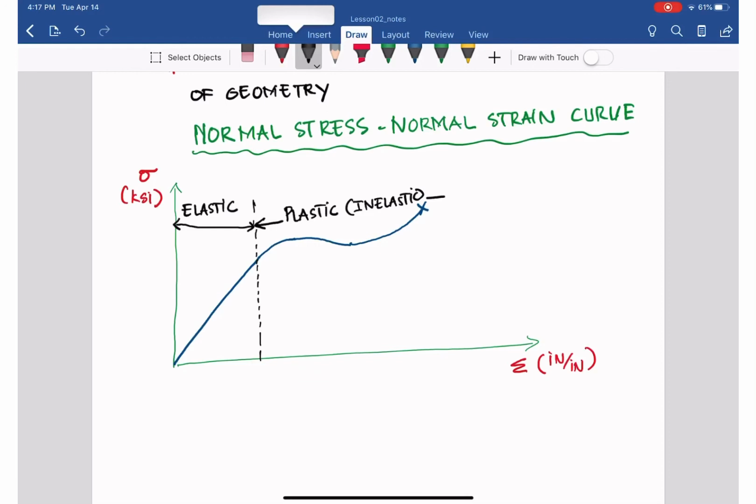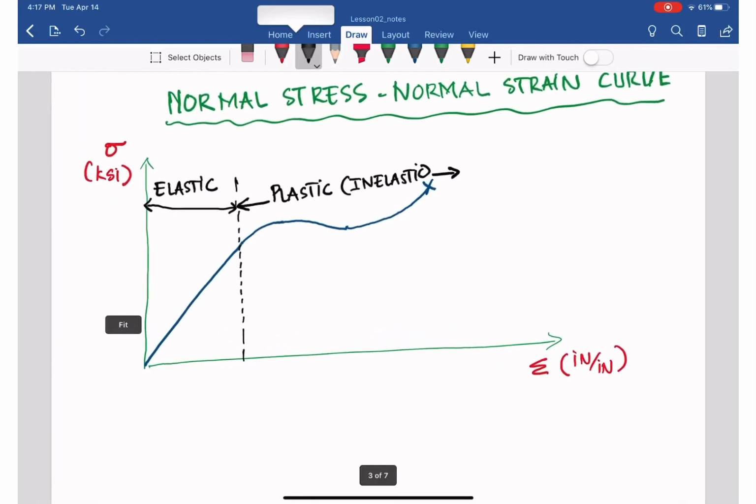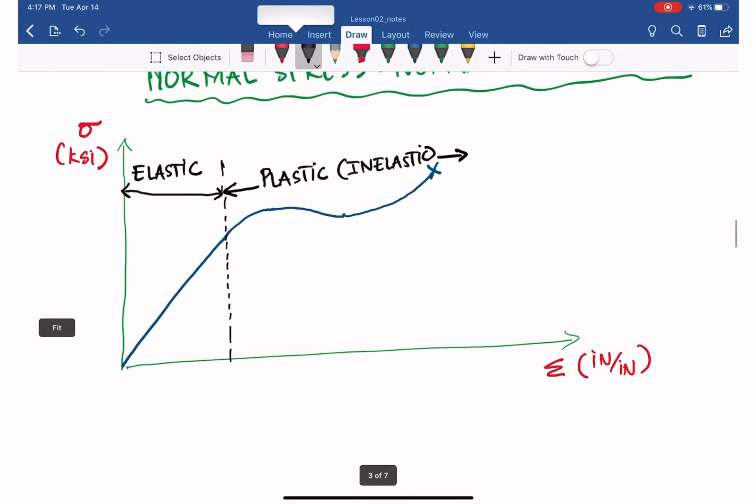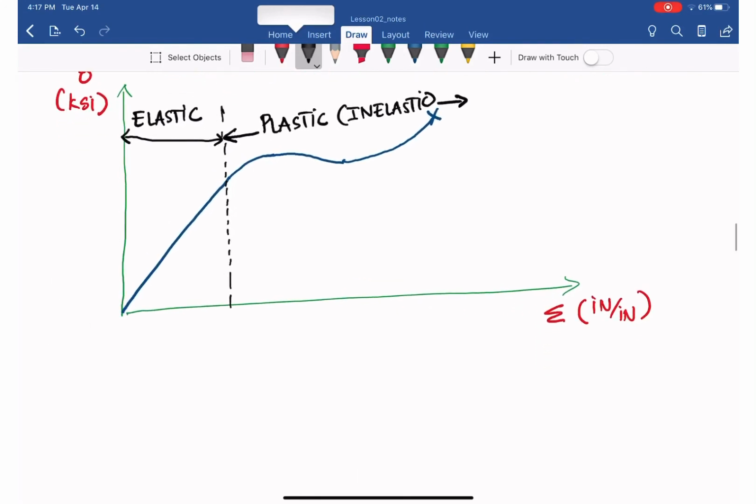So for any behavior after the elastic region: in the elastic region, as you can see, the curve is linear between epsilon and sigma. After that, it will be plastic. If the material passes the elastic zone, it cannot get back to its original length or original geometry after you release the stress. So from that you have the blue line there.